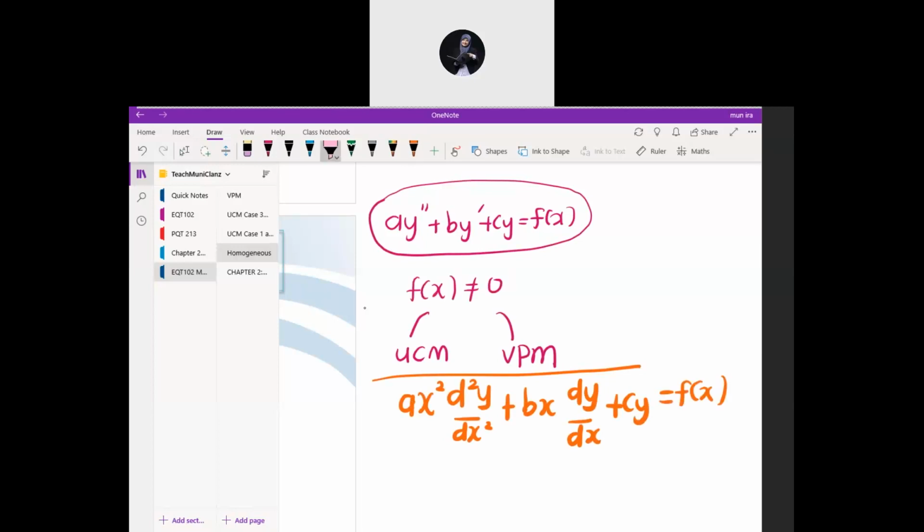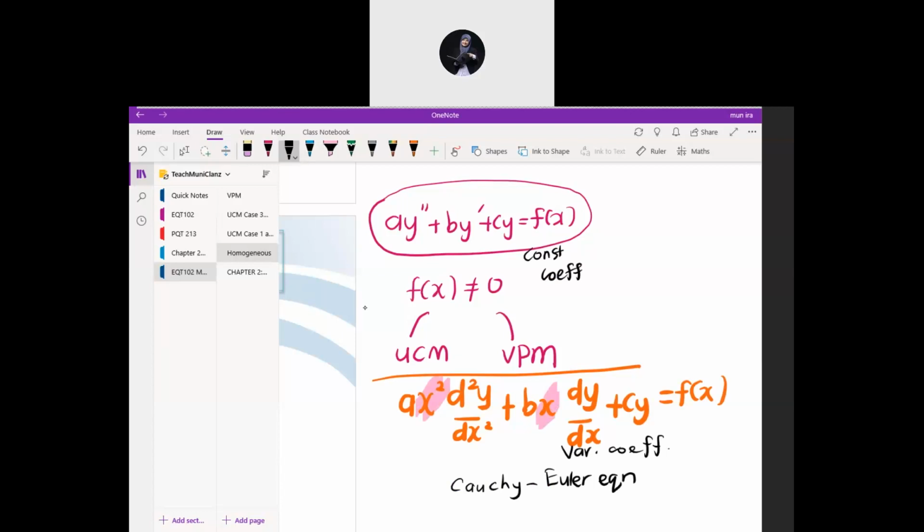If you look at this equation, it is not constant coefficient anymore because we have x squared and x inside the equation. So we call this a second order linear differential equation with variable coefficients. This one is constant coefficient, and this one is variable coefficient. We call this equation the Cauchy-Euler equation.